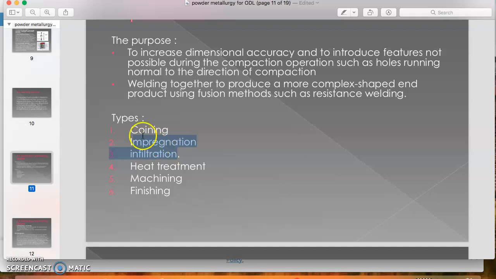Other processes such as coining we can apply to parts produced from many processes, also heat treatment, machining, and finishing. So the unique processes are impregnation and infiltration, which can only be used for the powder metallurgy part.